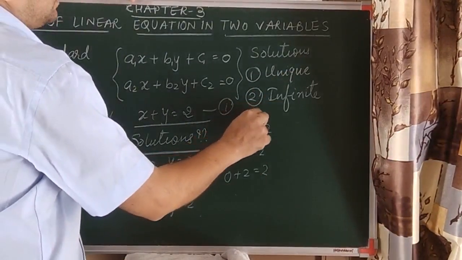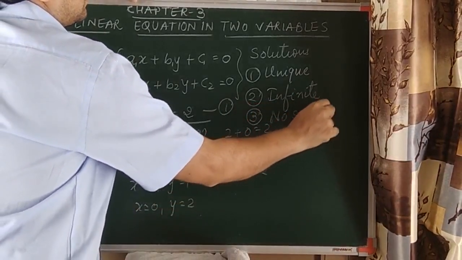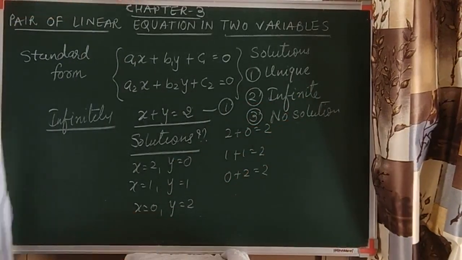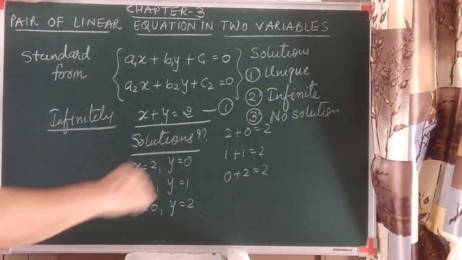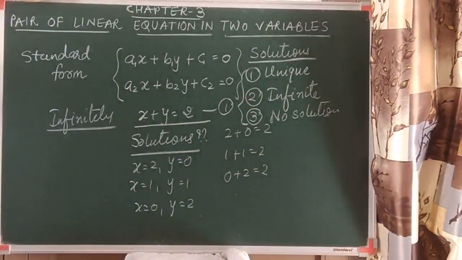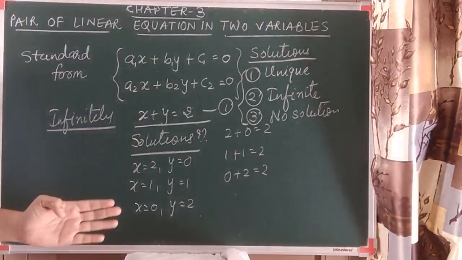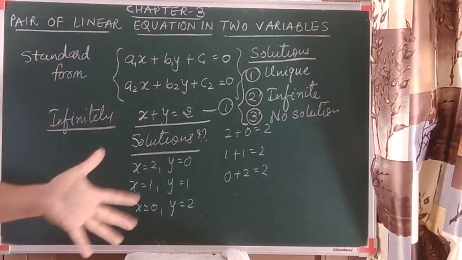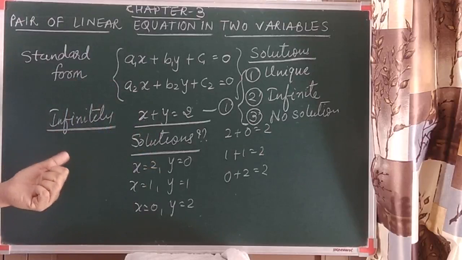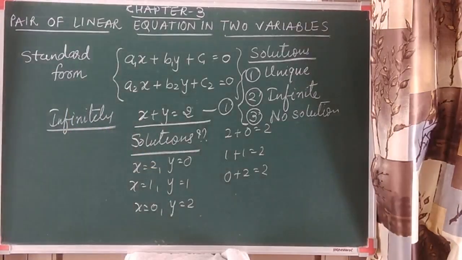And third, we get no solution. What we are going to do in this chapter is find out the solutions. And every case is one of these three: either it has one solution, or many, or no solution. We have 4 different methods plus 1, so 5 methods, and we'll discuss those 5 methods to get the solutions of this pair of linear equations.